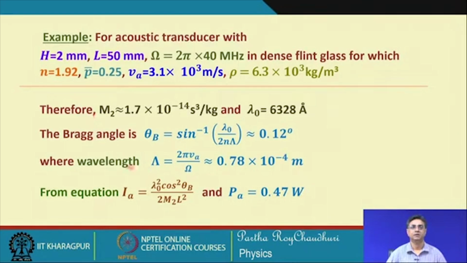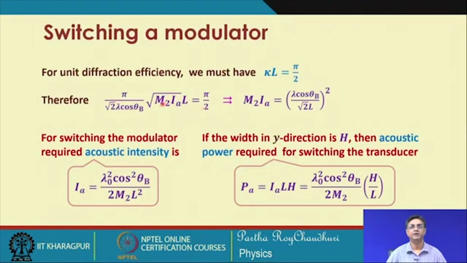So, to switch an acousto-optic modulator, an acoustic power of half a watt is required. We will see later how this configuration can be used for modulating intensity between the 0th order and the diffracted order, that is the plus order diffraction of the beam.